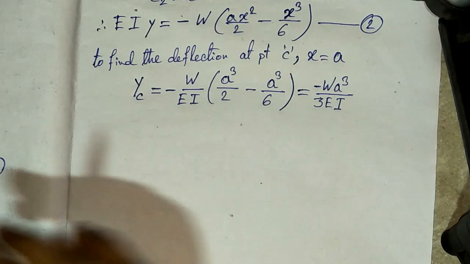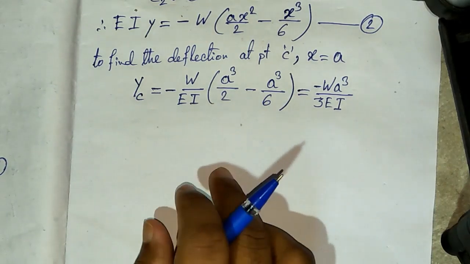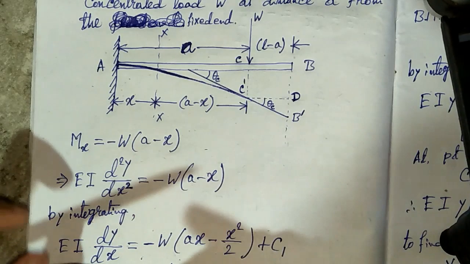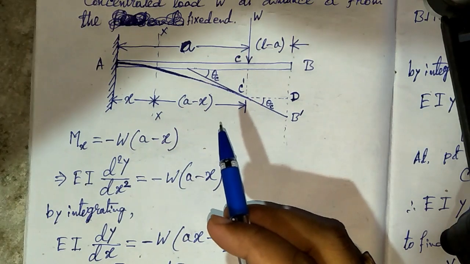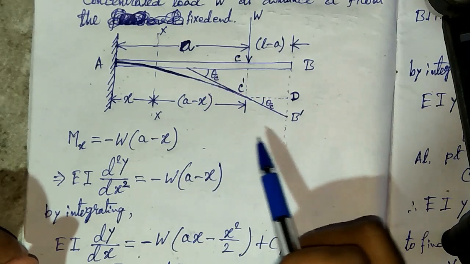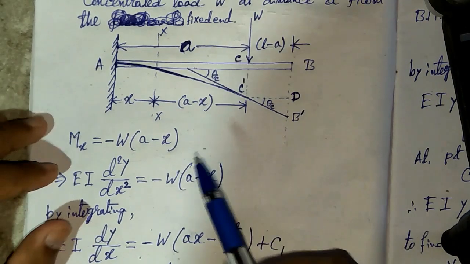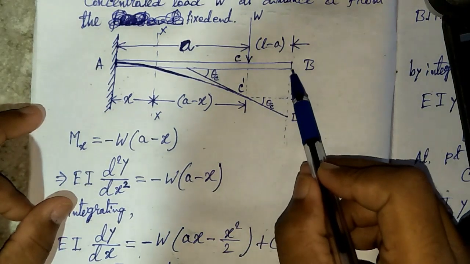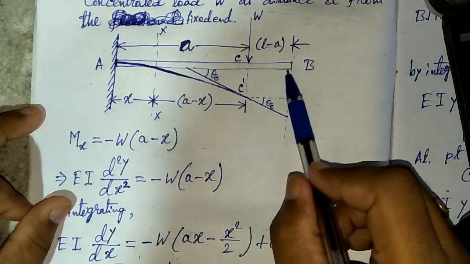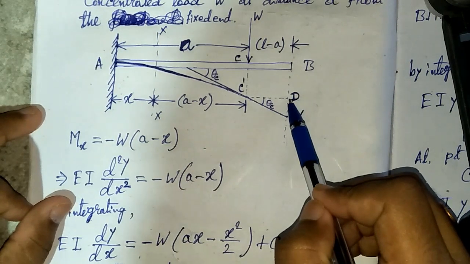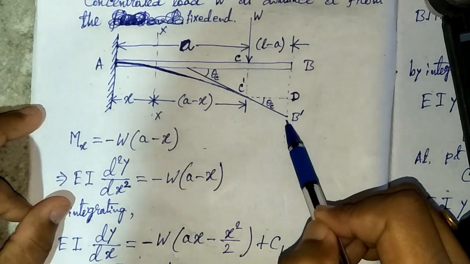Now since it's a downward deflection, to find the total deflection at point B, first we have to look at the geometry. From this geometry, we can write the deflection at point B, that means the deflection from B to D plus the deflection from D to B dash.